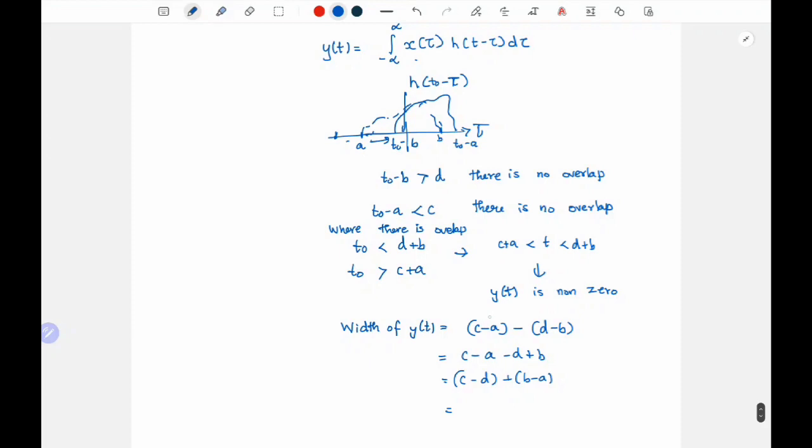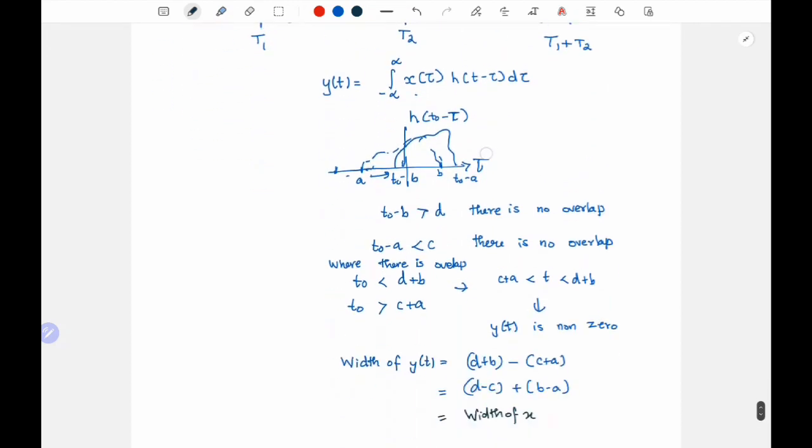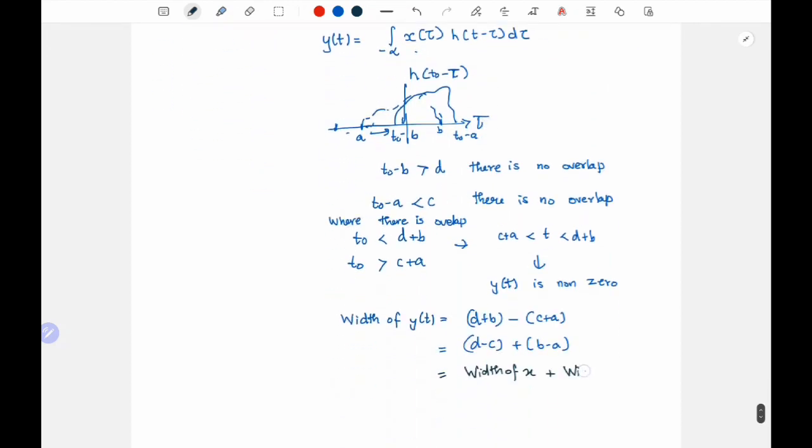So this will be d plus b minus of c plus a. So now you can see d minus c plus b minus a. And this is nothing but width of x, correct? D minus c plus width of y.